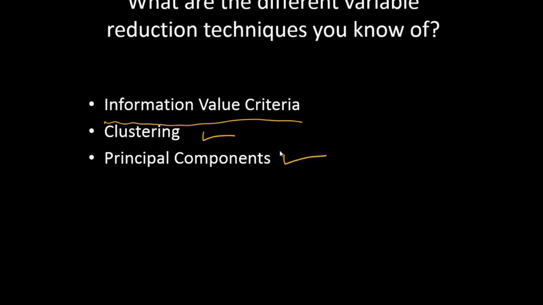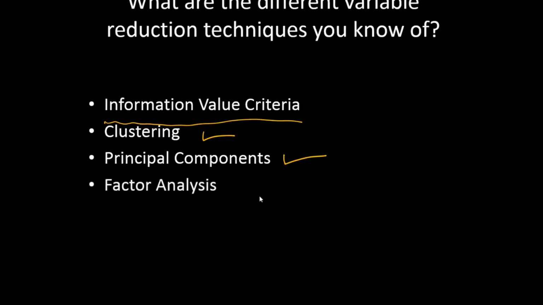But these are not very useful when the purpose of your modeling is to find out the relationship between variables. Principal components greatly help when it's all about prediction, but they don't help much when the modeling objective is to find out the relationship or the marginal impact on your dependent variable.